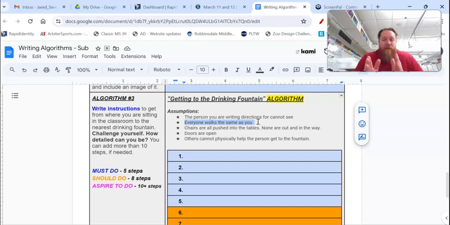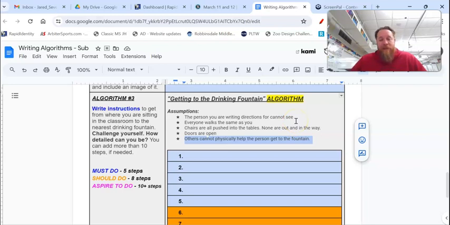If you walk with short little steps, the people you're writing directions for would take short little steps also. Chairs are all pushed into the tables, so you don't have to worry about pushing chairs in. Doors are open, and you can't physically help somebody get to the fountain. So you can't just say, grab somebody who can see and they'll lead you there. That's not the point of this.